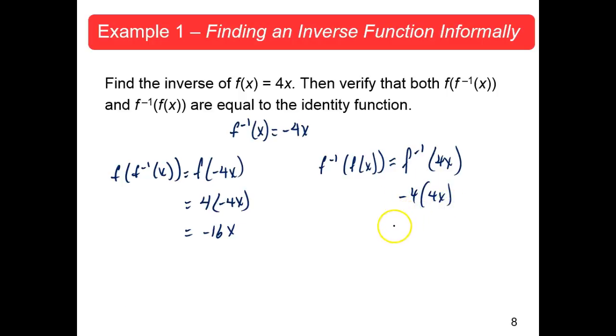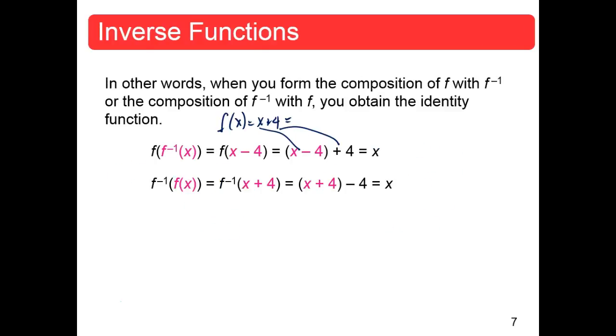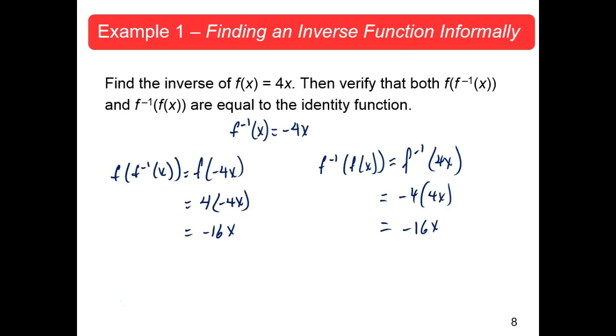It is the same answer, but it's not x. It's not the identity function. You had to pick one that would do that, didn't you? Our requirement is it's got to equal x. So guess what? Not the inverses of each other. So we need to try another one. That didn't work. So what other inverse function might we try?